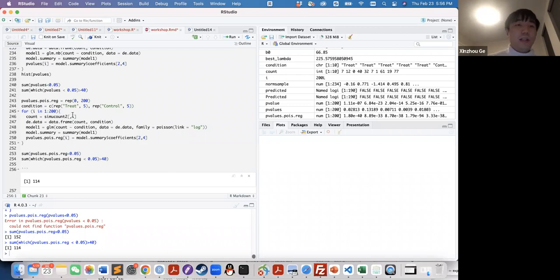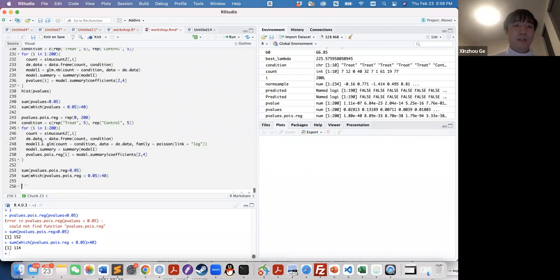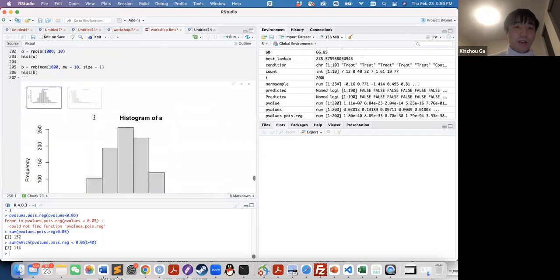For both cases, if we use the p-value threshold as a threshold for discoveries, we will have a large number of discoveries which are false.